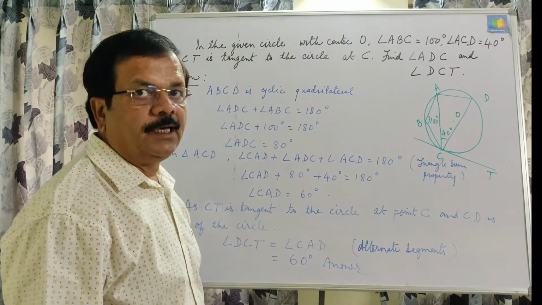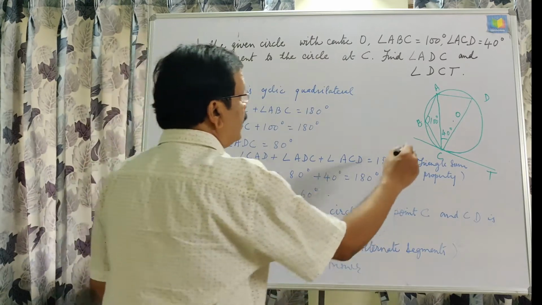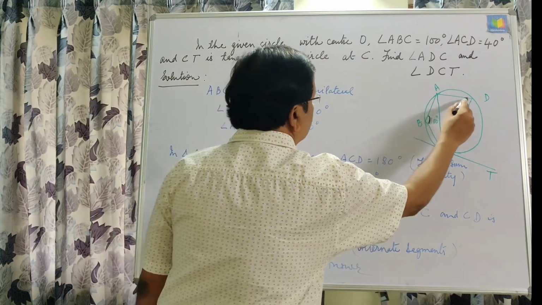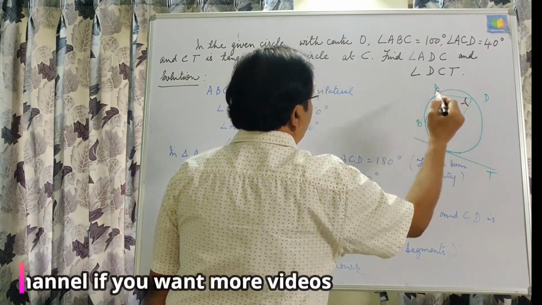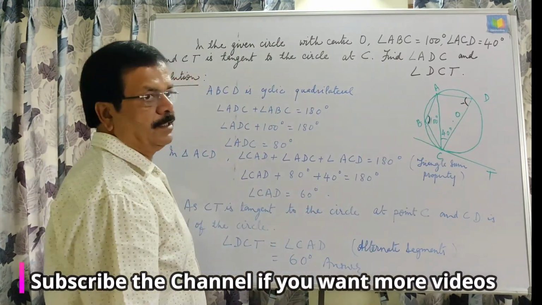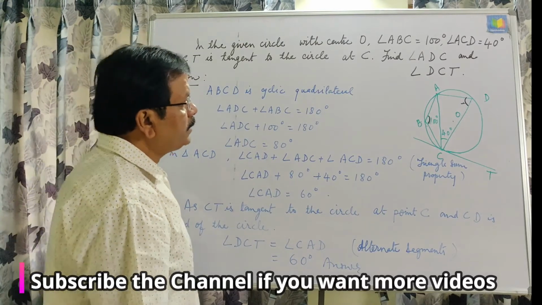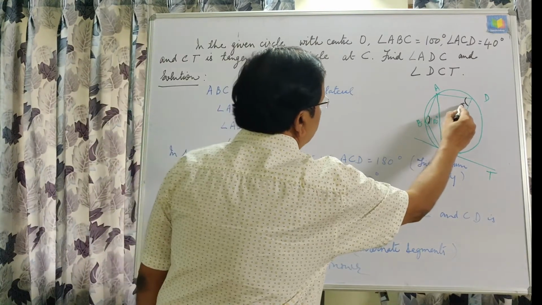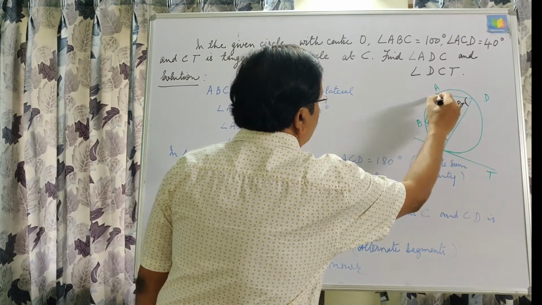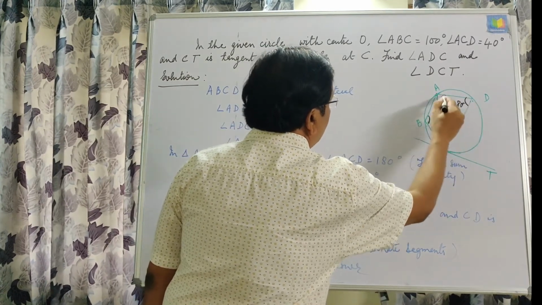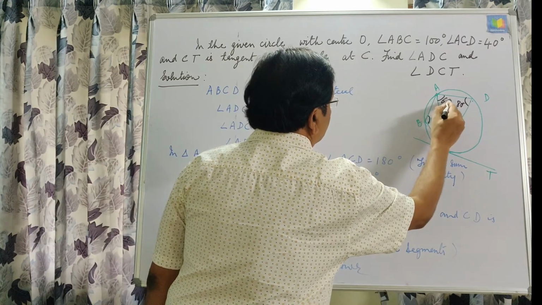We studied in a cyclic quadrilateral that the sum of opposite angles is equal to 180. So this plus this is 180, and angle ADC will be 80 degrees. Okay. Now in this triangle, this is 80 degrees and this is 40 degrees, given. So by the triangle sum property, this will be 60 degrees.